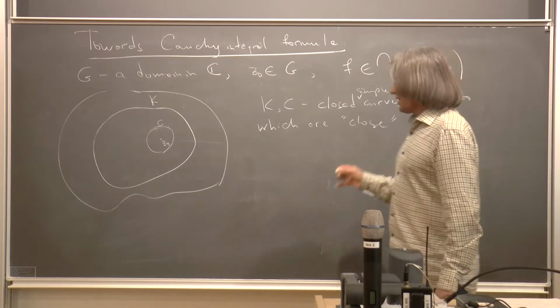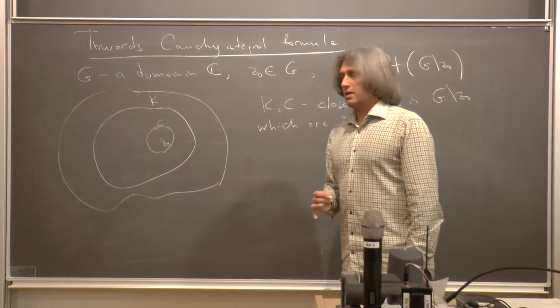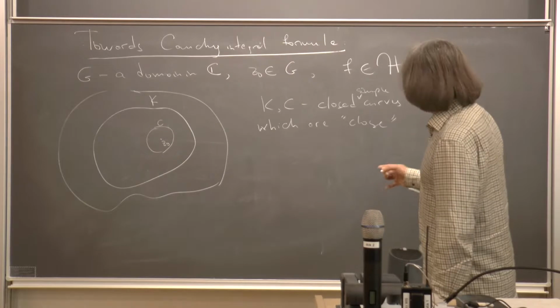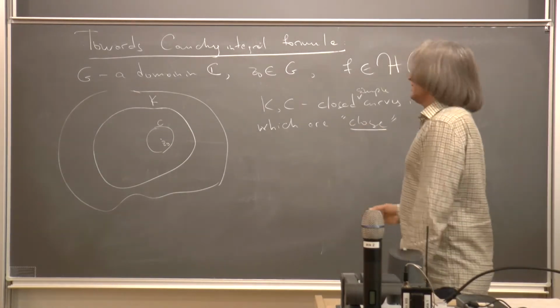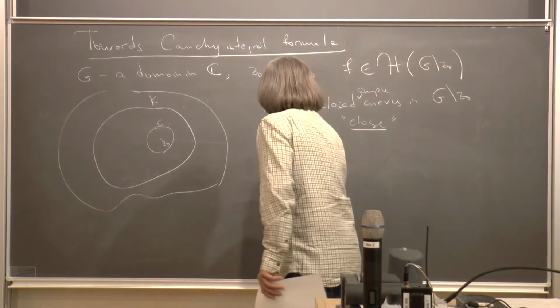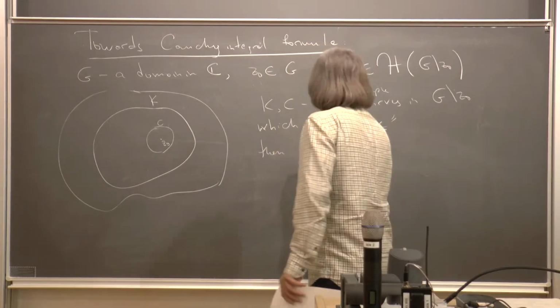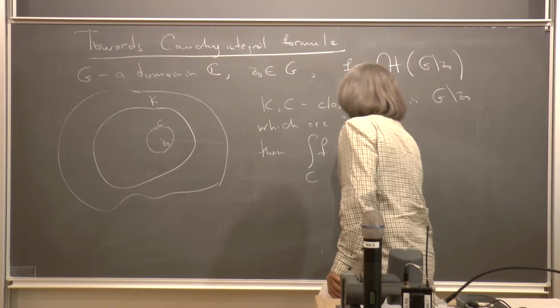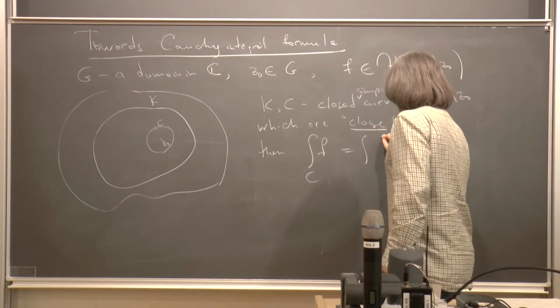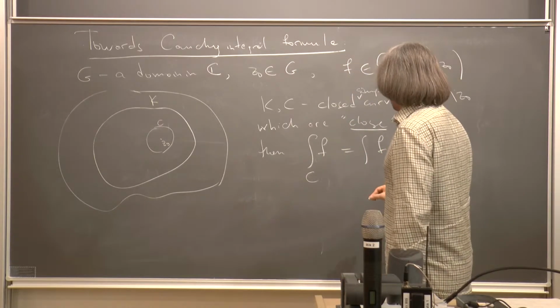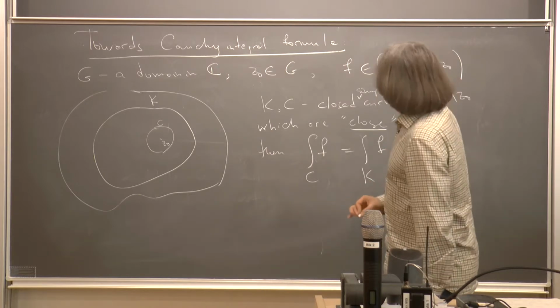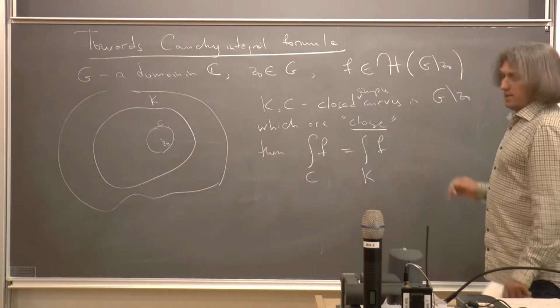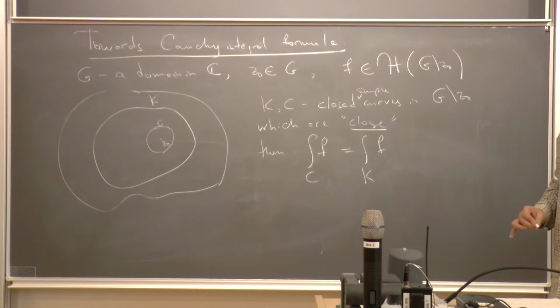So I'll first write the statement, and then we'll understand what the word close means. So then the integral of f along C equals the integral of f along K. Now I'll try to explain what the word close means.